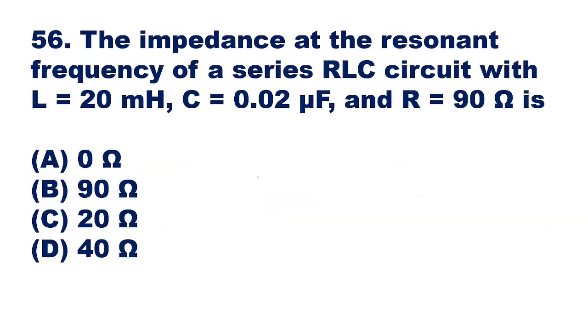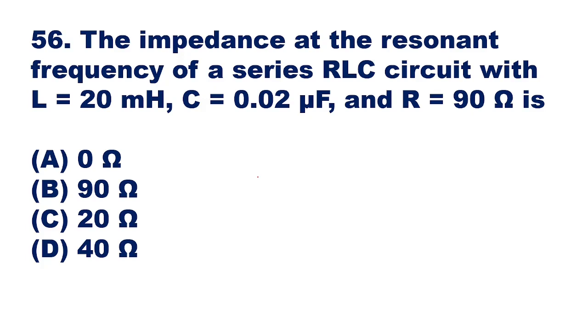The impedance at the resonant frequency of a series RLC circuit with L equal to 20 millihenries, C equal to 0.02 microfarad, and R equal to 90 ohms is how much? So we know that the impedance of a series resonance circuit at resonance will be only the resistance itself, because the reactance of the inductor and capacitor will be equal and opposite, they will get cancelled.